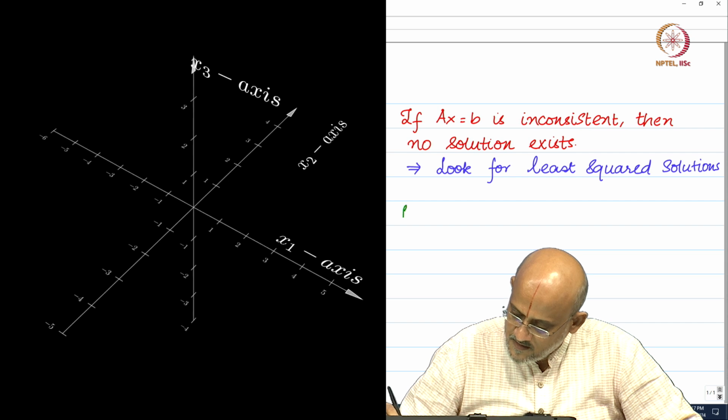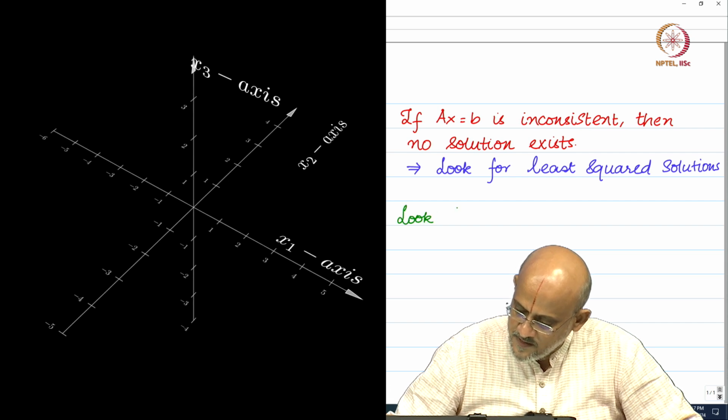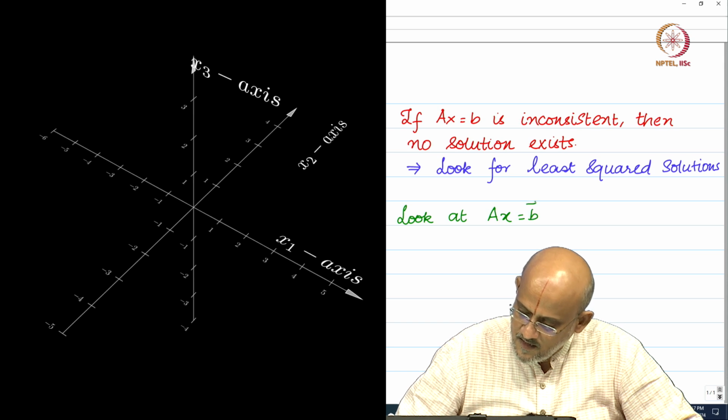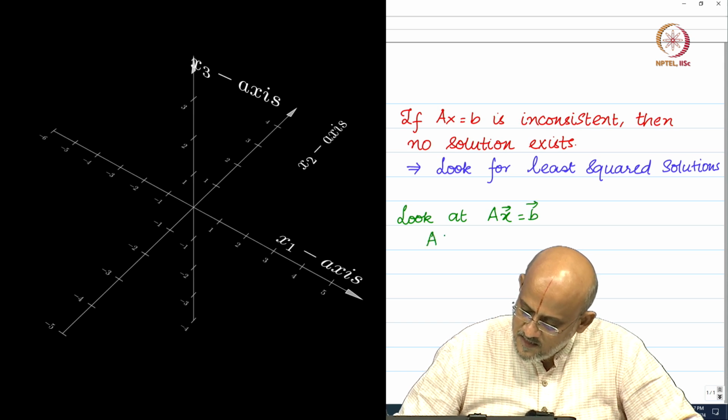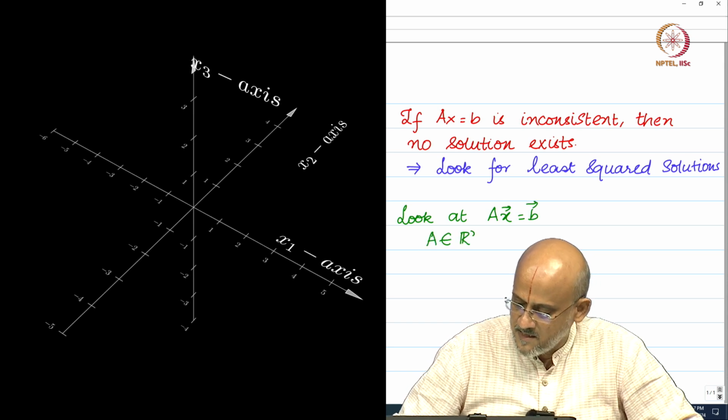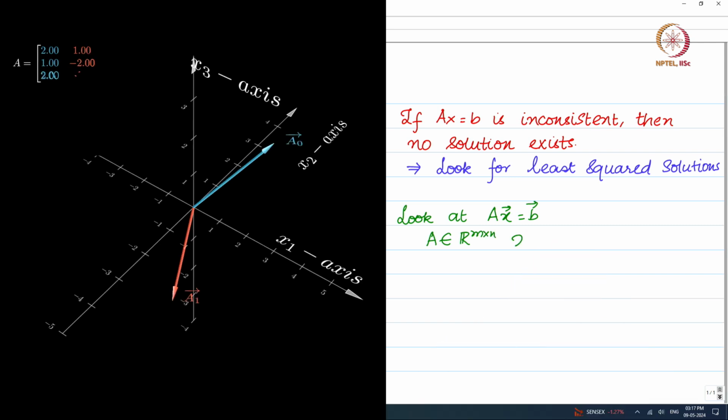So look at Ax equal to b, where A is an m by n real matrix, x is an n component vector and b is an m component vector.